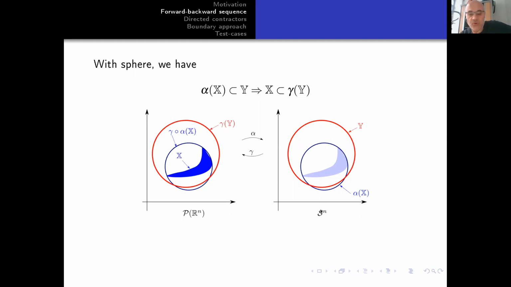Here in the abstract set, I have the set of spheres, and to this one I can associate alpha of X. And I can see that I have only the implication here.